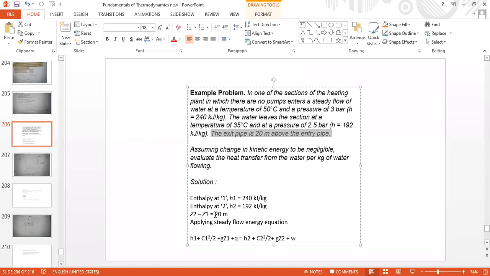Here what I said is Z2 minus Z1 is 20 meters. Applying the steady flow energy equation, H1 is given as 240 kilojoule per kg, H2 as 192 kilojoule per kg, and C1 square by 2 minus C2 square by 2 is asked to be neglected here.